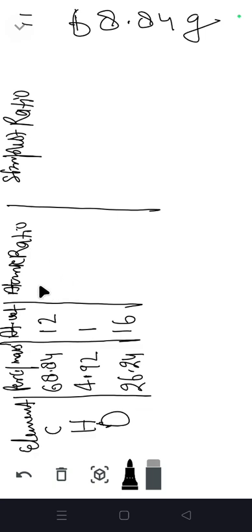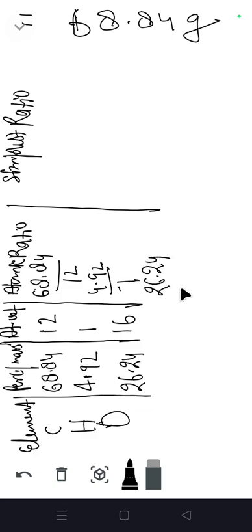Atomic ratio, that is gram atoms, or we are calculating moles: 68.84 upon 12, 4.92 upon 1, and 26.24 upon 16. It is coming 5.74.